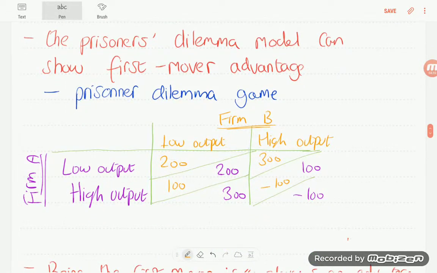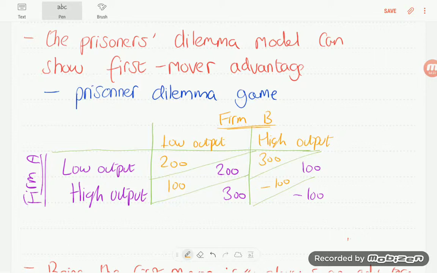The prisoner's dilemma model can show first mover advantage. The prisoner's dilemma model can be used to understand how interdependent firms might act in an oligopolistic market. In the version below, there are actually two firms instead of two prisoners.